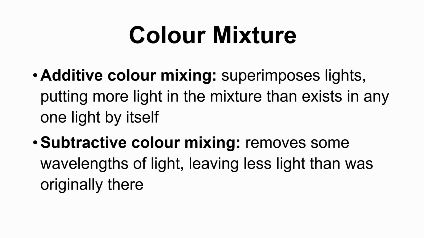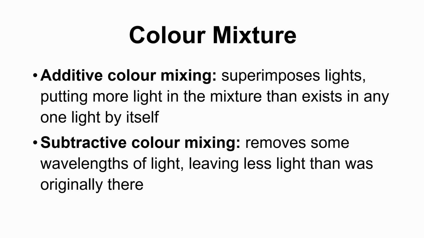And this works because when we have things that have color, say like red paint, those specific items remove some of the wavelengths of light. So if we think about our visible spectrum, white light would be the presence of all of those visible wavelengths, everything between 400 nanometers and 700 nanometers.